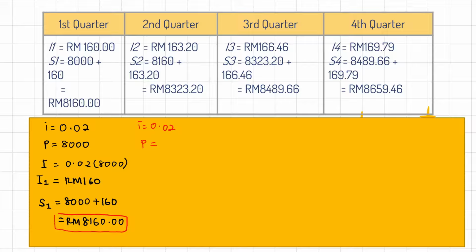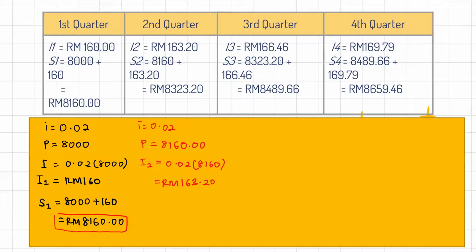So our P here will be 8,160 ringgit. So the interest that we get in the second quarter will be 0.02 times 8,160 ringgit. It will become RM163 and 20 cents. So this is the interest that you get in the second quarter.